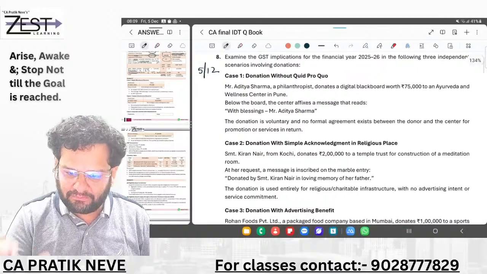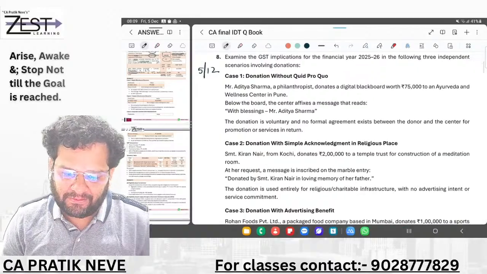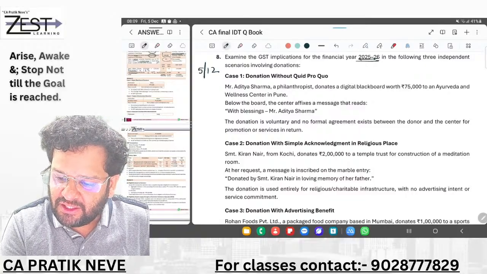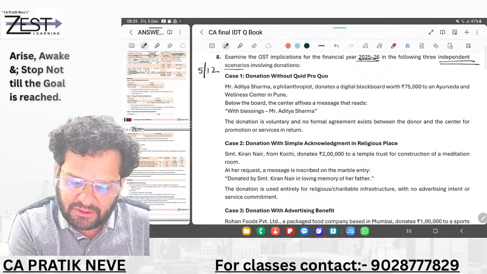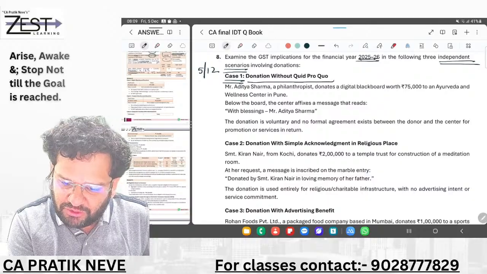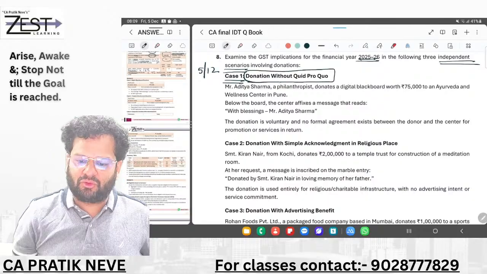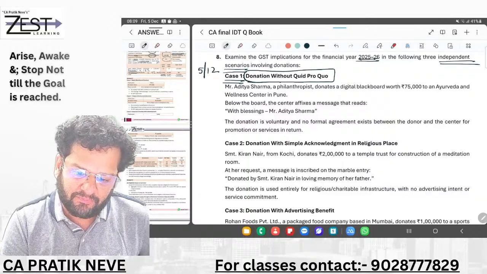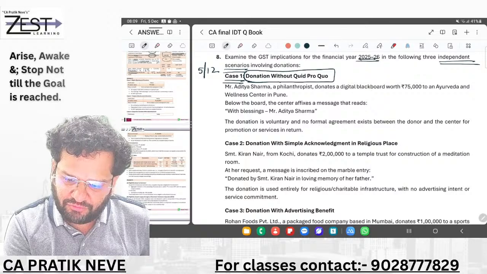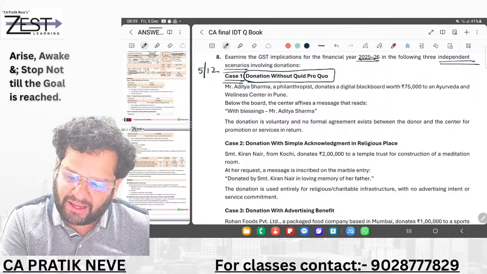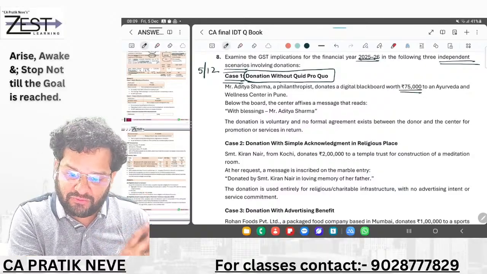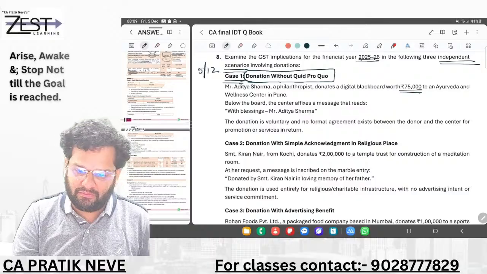Question number 8. Next one. Examine GST implications in FY 25-26 in the following 3 independent scenarios. Case 1: donation without quid pro quo. Mr. Aditya Sharma, a philanthropist, donates a digital blackboard worth 75,000 to an Ayurveda and Wellness Center in Pune.